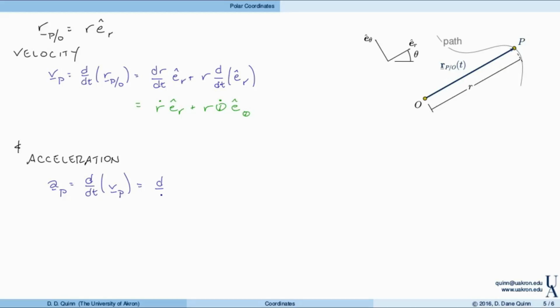So it's d dt of r dot in the ER direction plus r dot times d dt of ER plus the derivative of r theta dot, that's the magnitude, in the e theta direction plus r theta dot times the derivative of e theta.